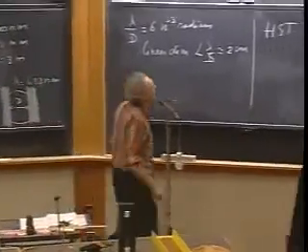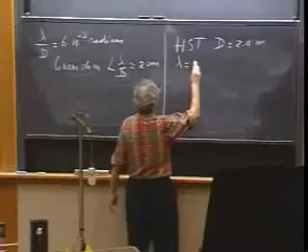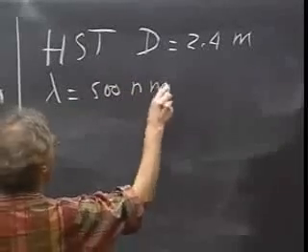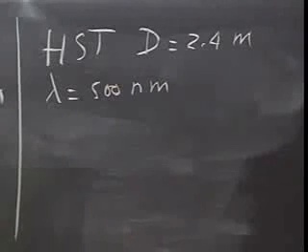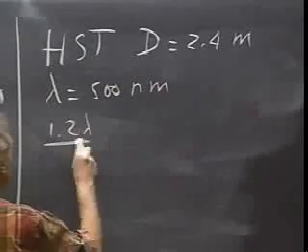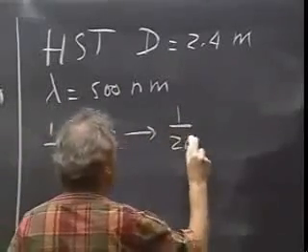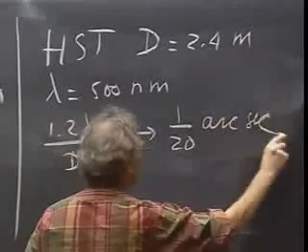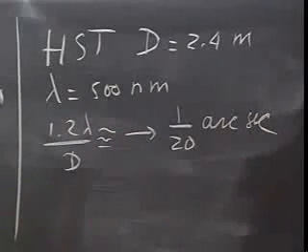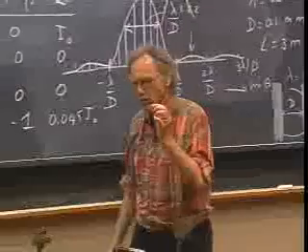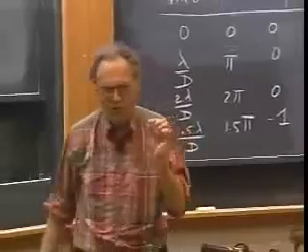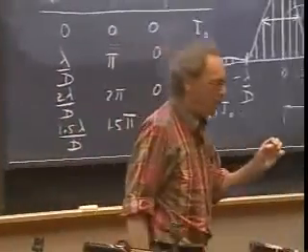And so that means if I take an average wavelength of the optical spectrum of about 500 nanometers, I realize that it goes all the way from 400 to 650, but if I take this as a representative wavelength, then 1.2 times lambda divided by d translates into about 1/20th of an arc second. That is an incredible resolution. 1/20th of an arc second. If two stars of equal brightness are 1/20th of an arc second apart, Hubble Space Telescope can see it as two stars.